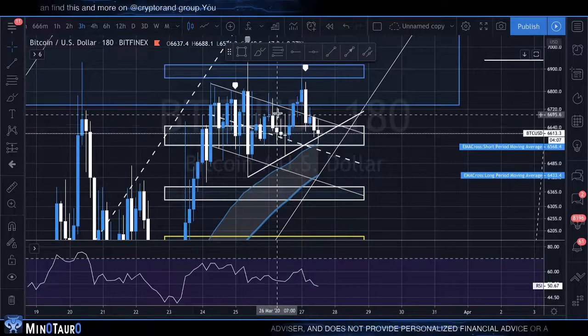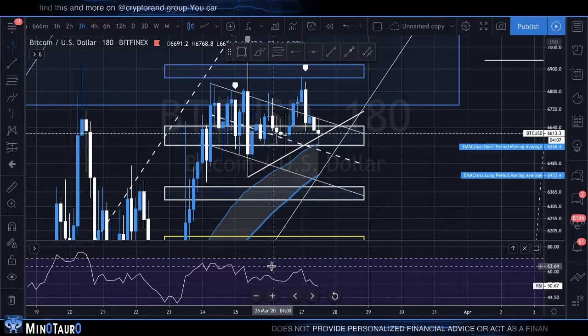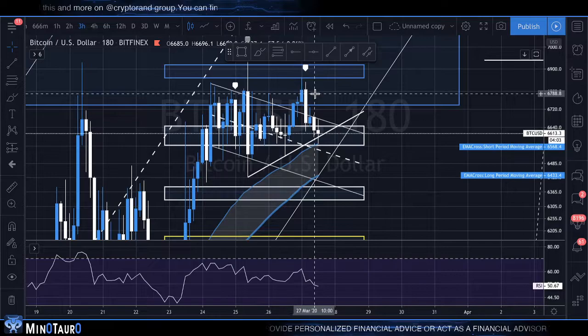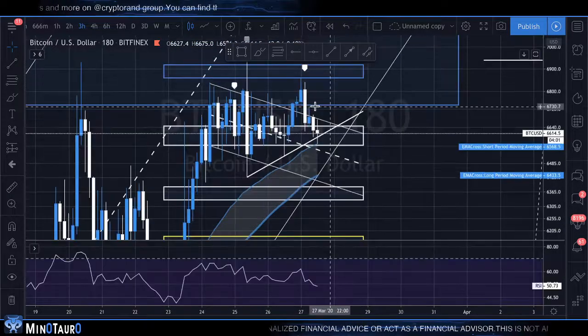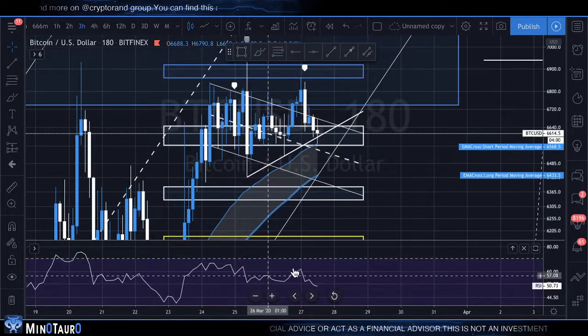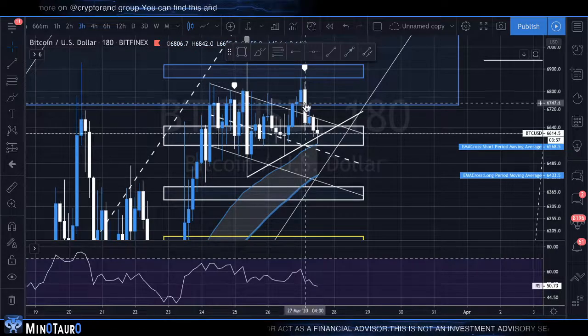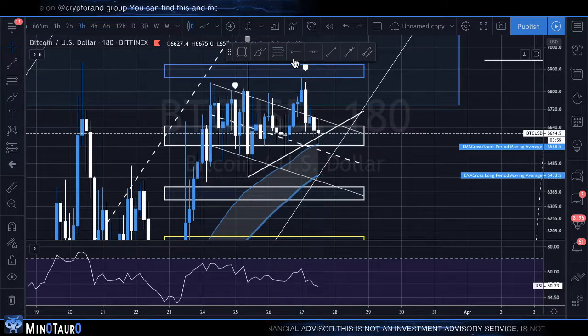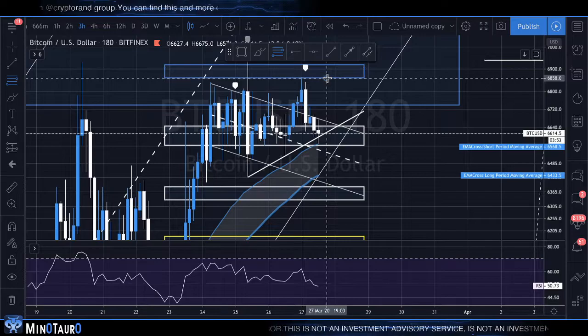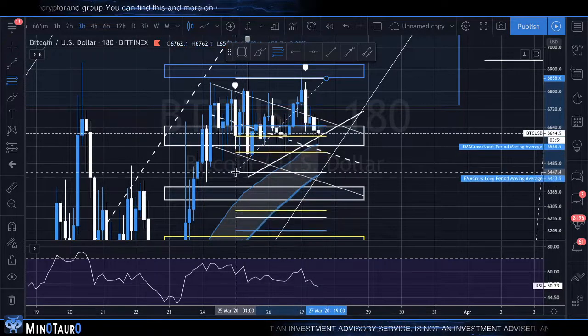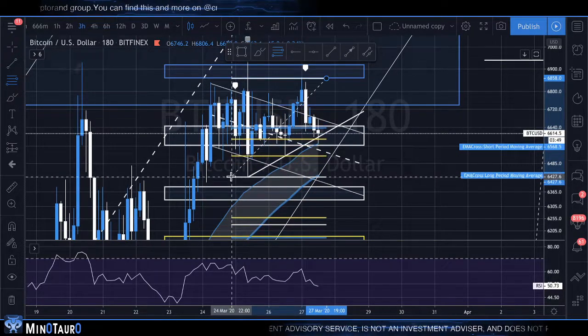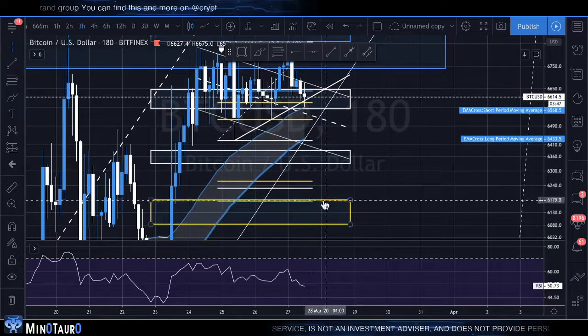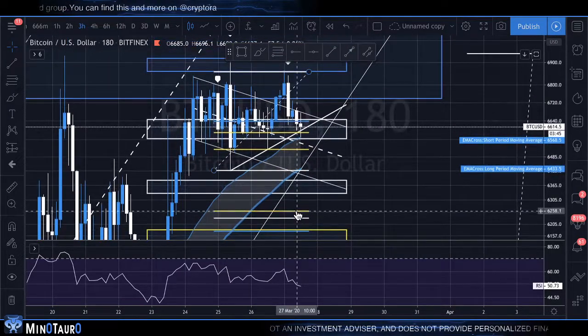Then we have this valley in between that I don't like, but this is uptrend, this is downtrend. So this target here is another possible target for the golden pocket.